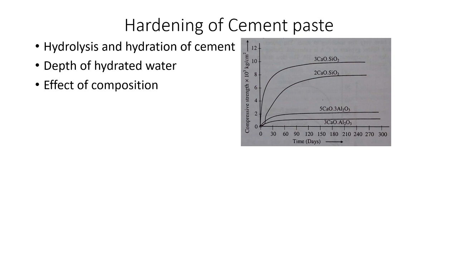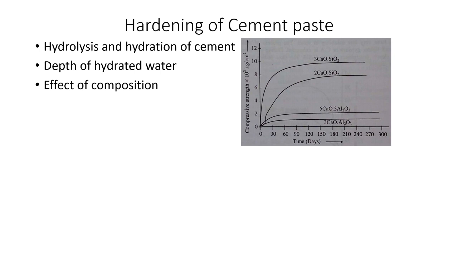Then next is effect of composition. Tricalcium silicate is mainly responsible for the strength at early stage, and its effect becomes negligible beyond 1 year. Solution of magnesium oxide, that is 10%, or calcium oxide in a raw mixture reduces the strength sharply with increasing percentage of magnesium oxide.